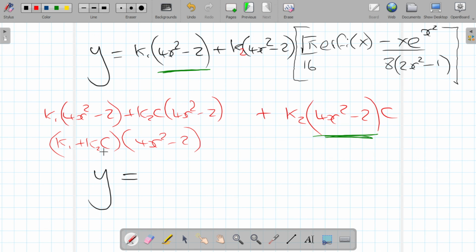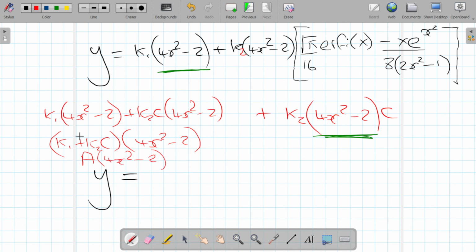So k1 plus k2c all multiplied by 4x squared minus 2. And this k1 plus k2c you can just represent by the letter a. A times 4x squared minus 2.